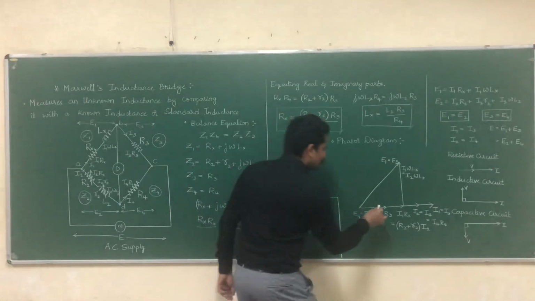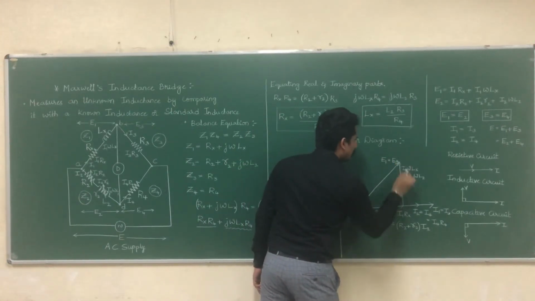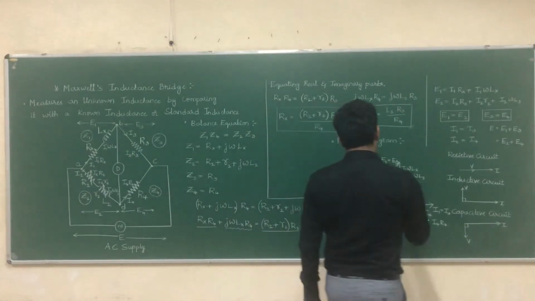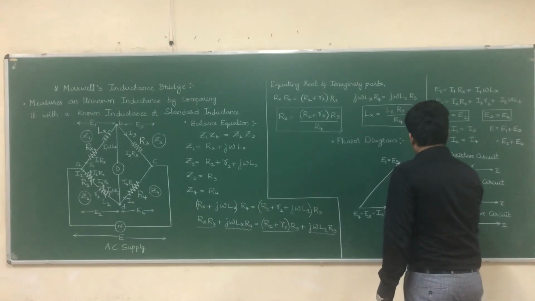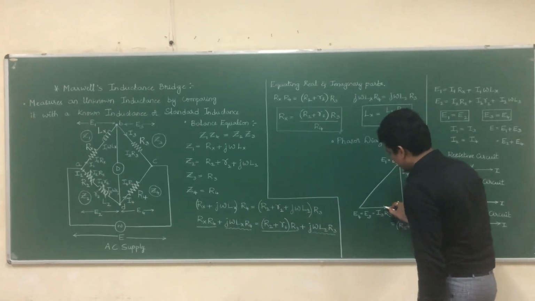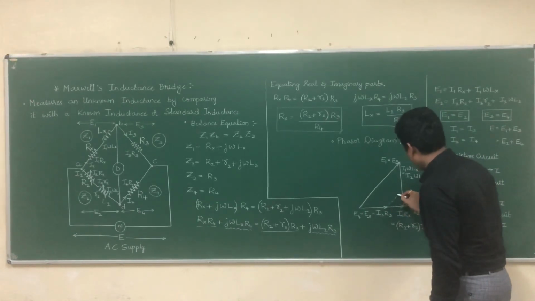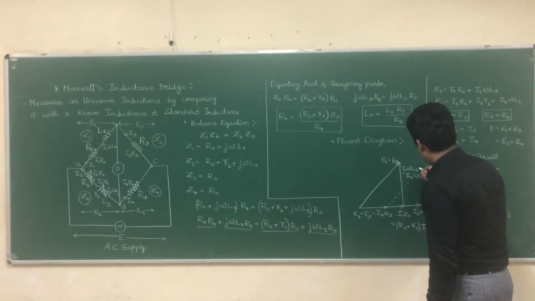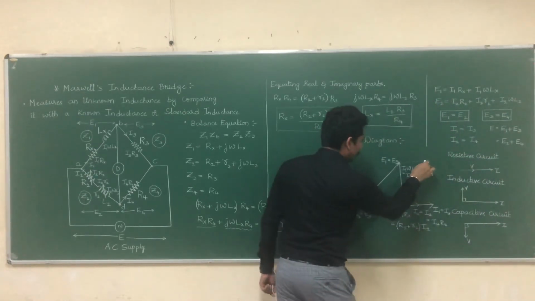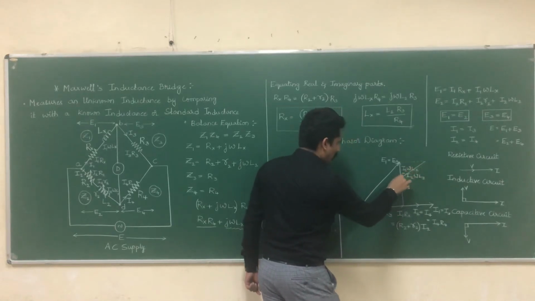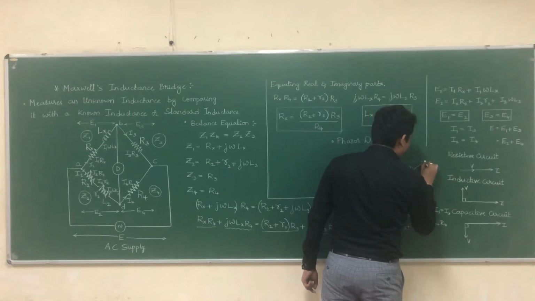Now this is the E4 E3 point, and this is the E1 E2 point. I should write a resultant for this. So let us extend this, and let me extend this, and the line which I draw here should be parallel to this. So here we get the resultant waveform.